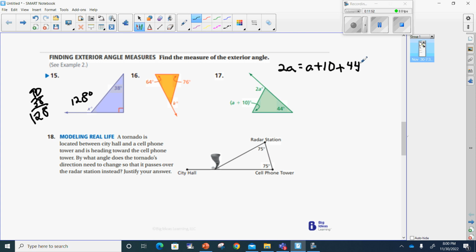When we combine like terms, 10 and 44 make 54. And a plus 54 must equal 2a.